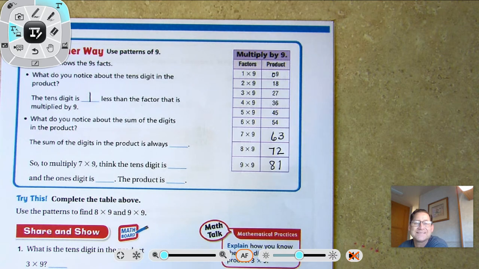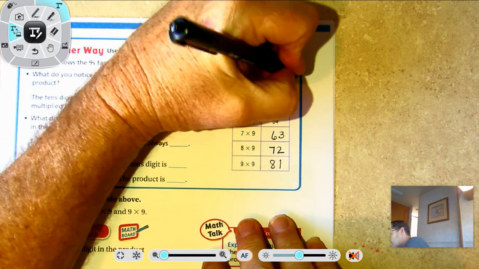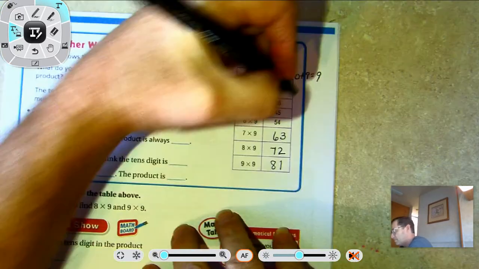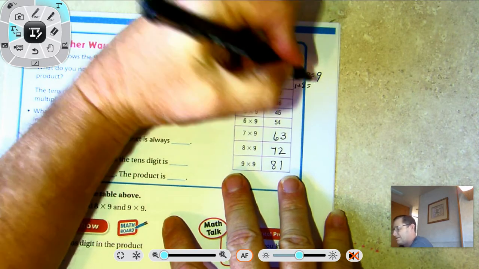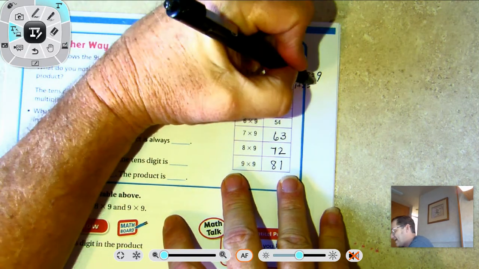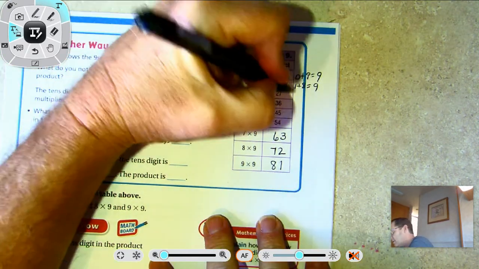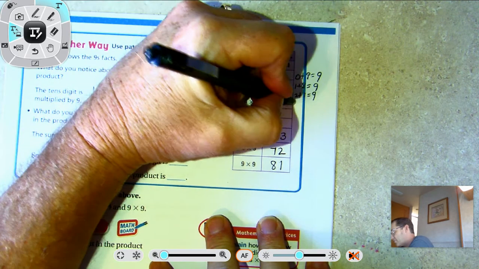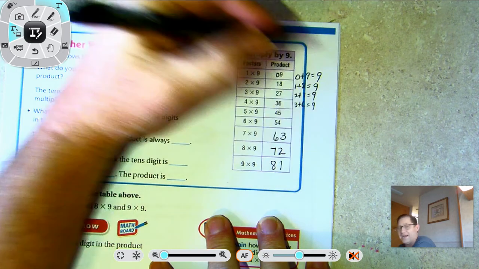What do you notice about the sum of the digits in the product? Well, 0 plus 9 is 9. 1 plus 8 is 9. 2 plus 7 is 9. 3 plus 6 is 9.